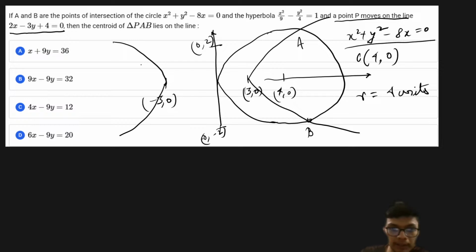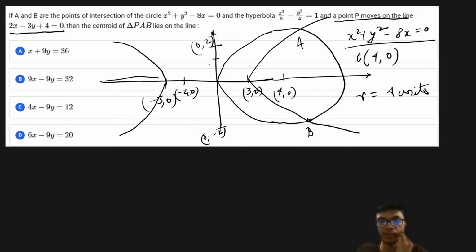So it is going to be minus 2 comma 0 and 0 comma 4 upon 3. So the line is like this.